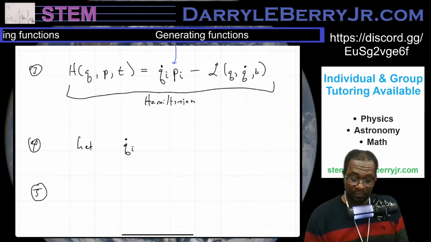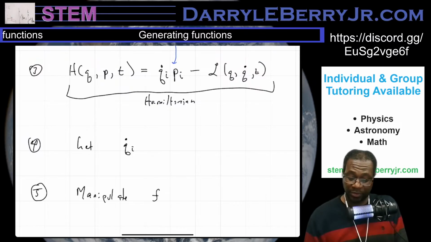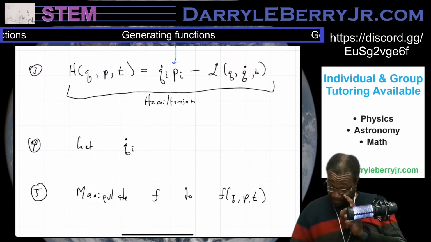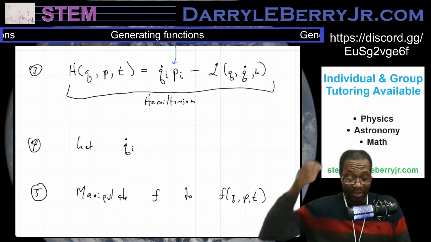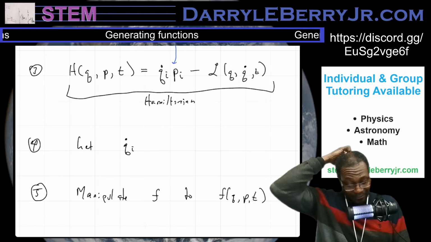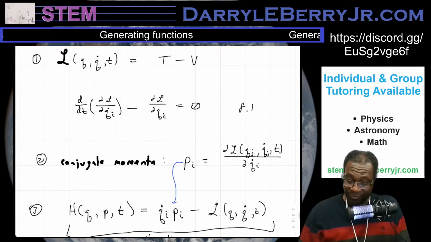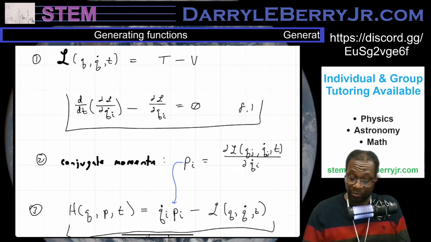Then manipulate the function to f of Q, P, T. And what ends up happening is we end up getting equations of motion out of this formulation without having to use the Euler-Lagrange formula.